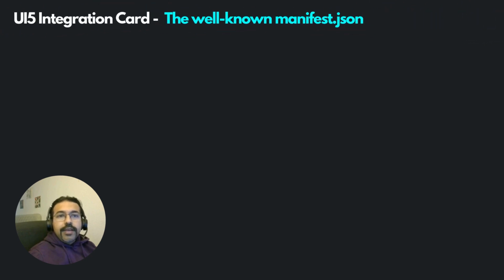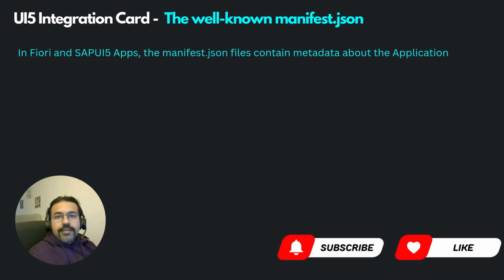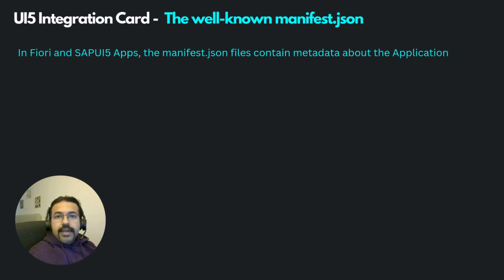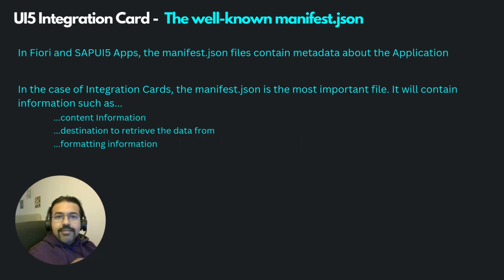Now, most of us who have worked with SAP UI5 or Fiori would know there is a file called the manifest.json. And the manifest.json file is the descriptor file for our application. It stores a lot of metadata about the application itself. And in the case of integration cards, the manifest.json is going to store all the information about the card.